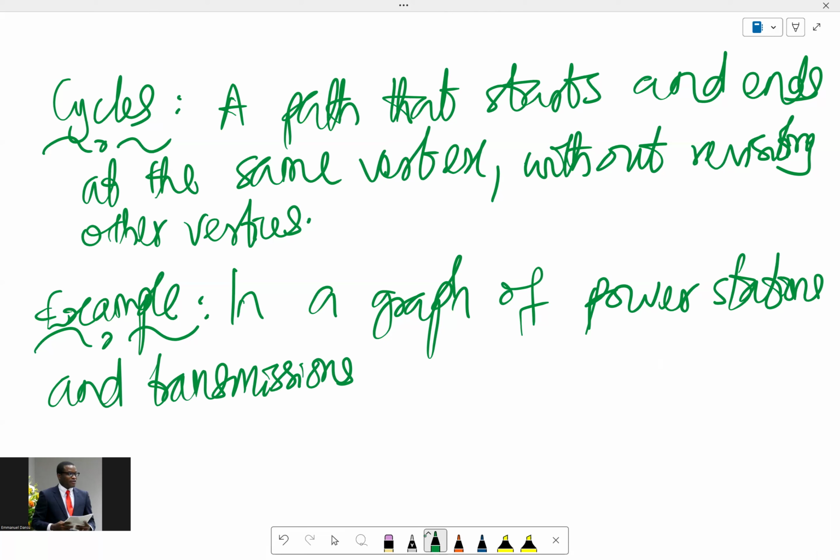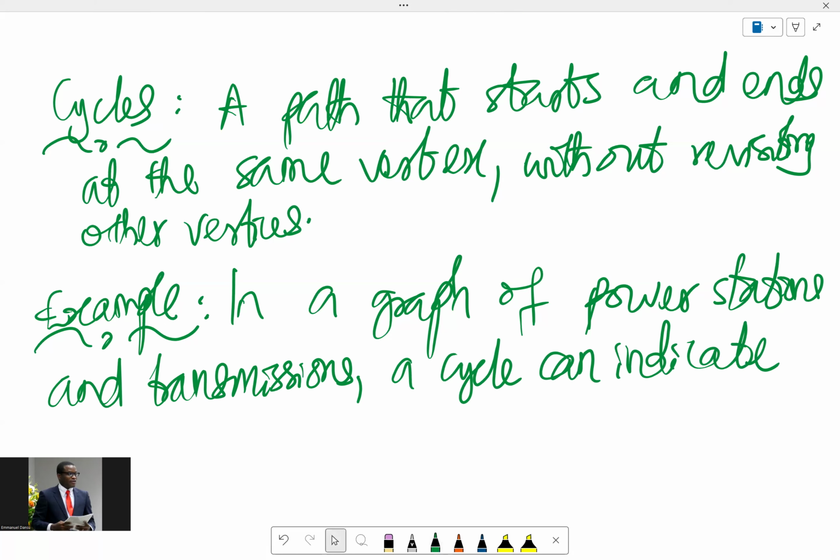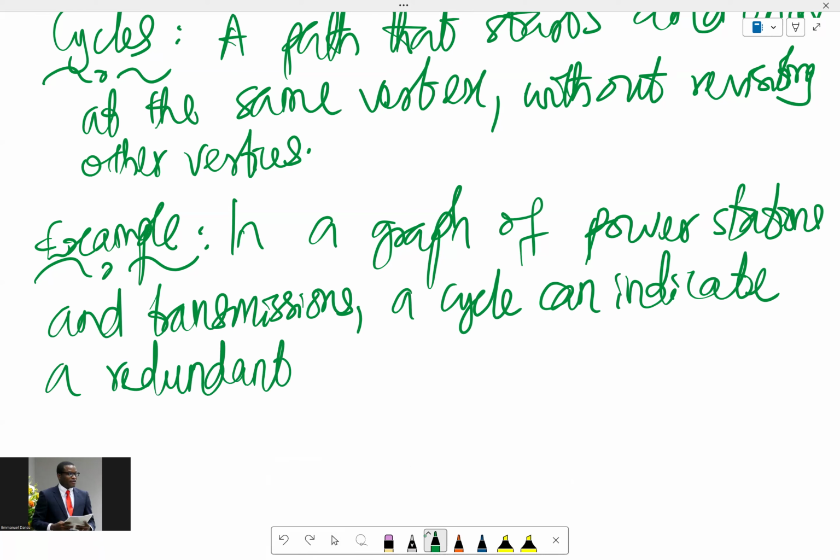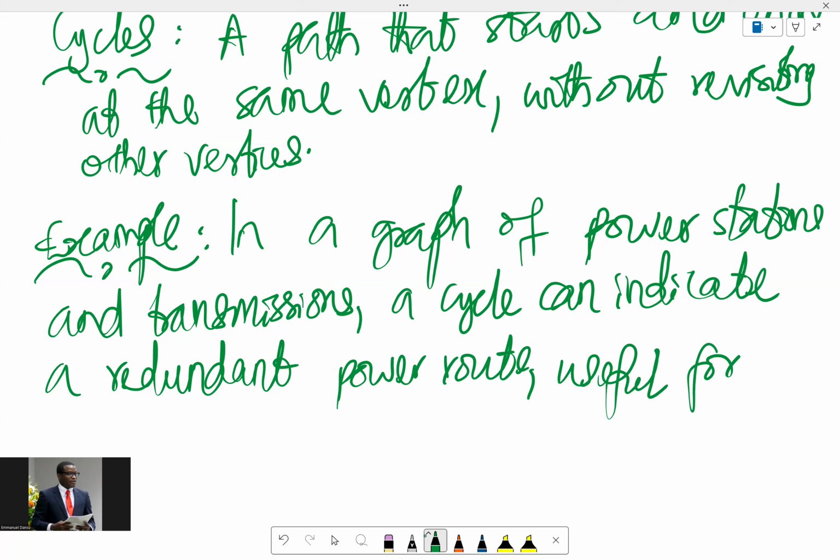So in a graph of power stations and transmission lines, a cycle can indicate a redundant power route, useful for reliability.